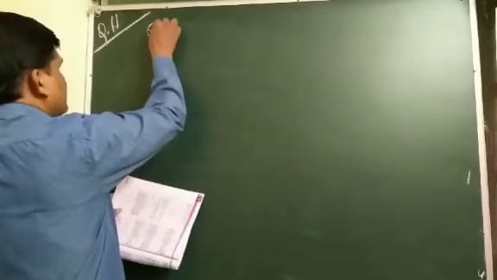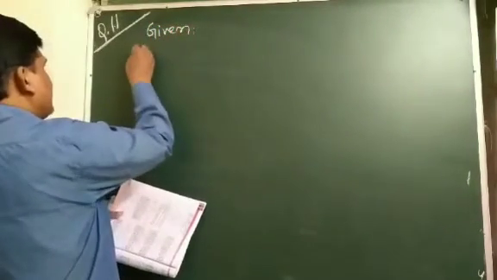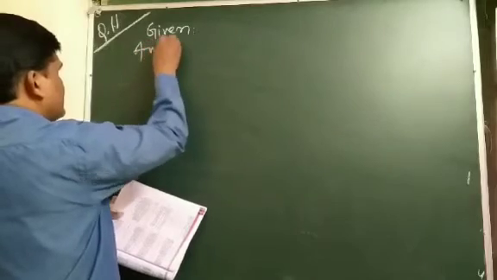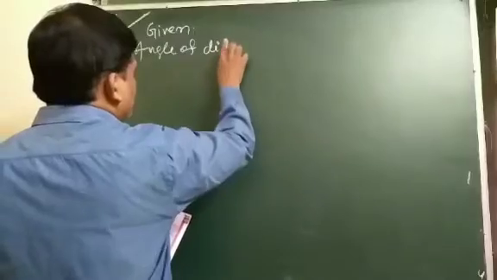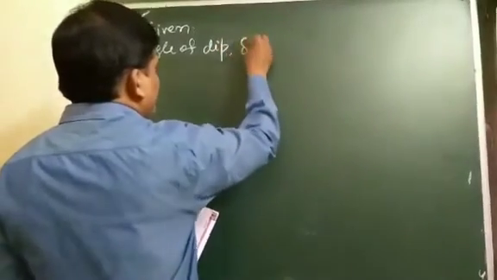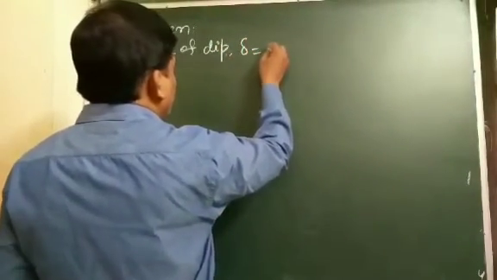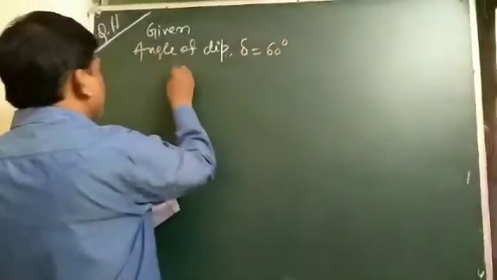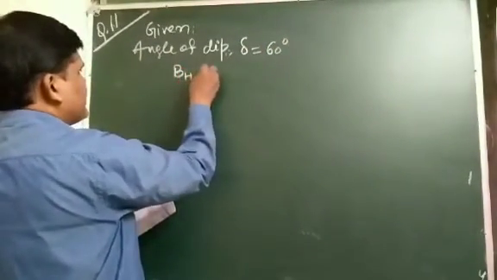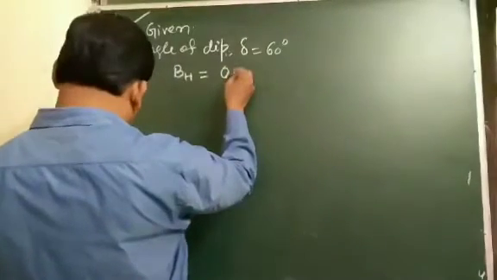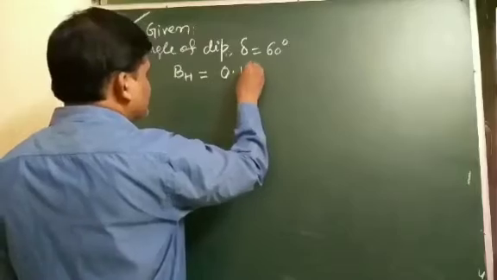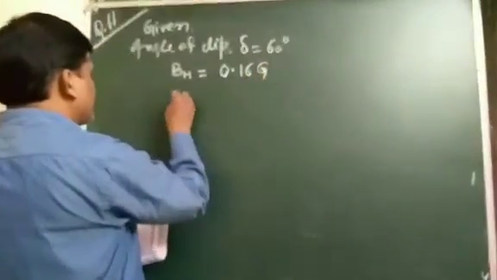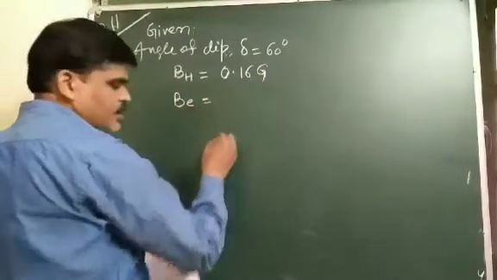So, student, given: angle of dip delta is 60 degree, and the horizontal component of Earth's magnetic field is also given, 0.16 Gauss, and we have to find BE.